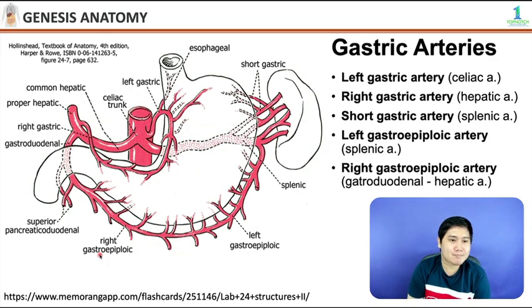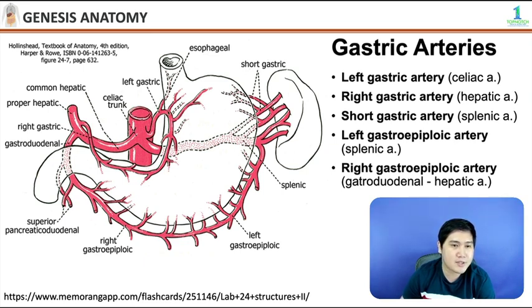So, this is the picture. Again, the blood supply will all come from the celiac trunk. The left gastric artery supplies the upper half of the lesser curvature.